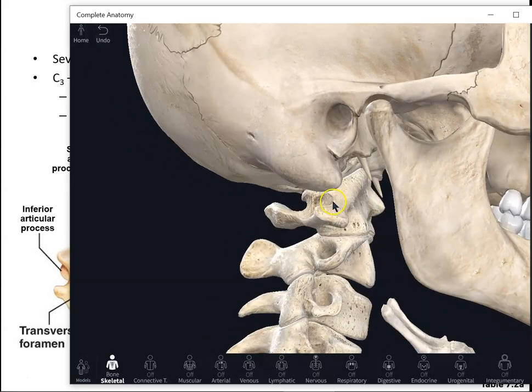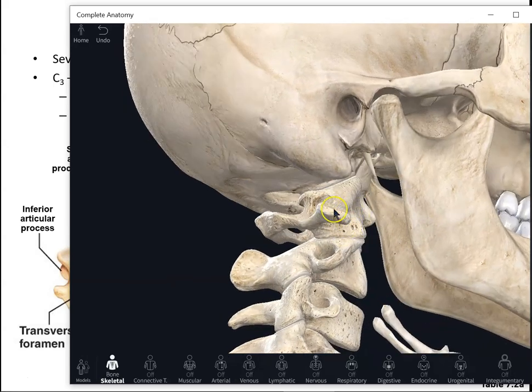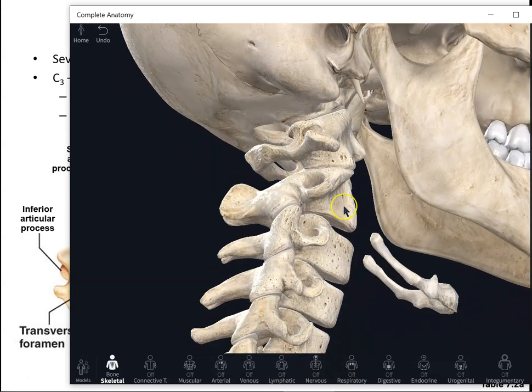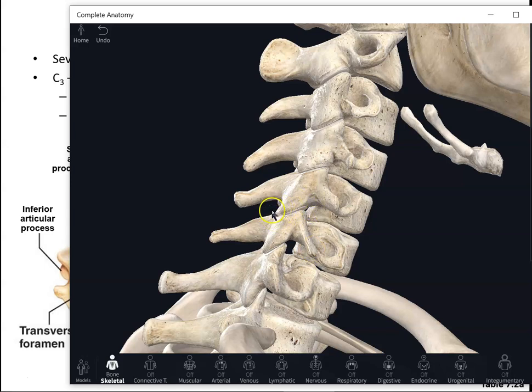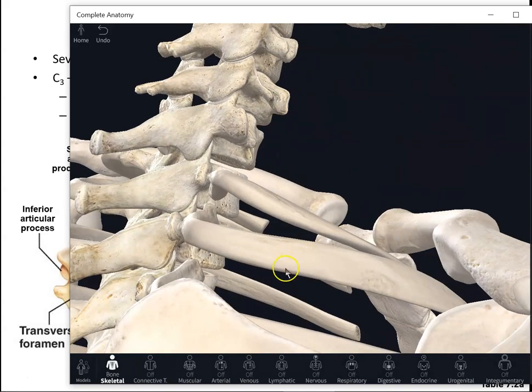Their articular facets are like horizontal. The inferior articular facet is just inferior, the superior one is superior. But as we go down the spine, we start to see this diagonal direction in the articular facets, and that's going to keep changing.